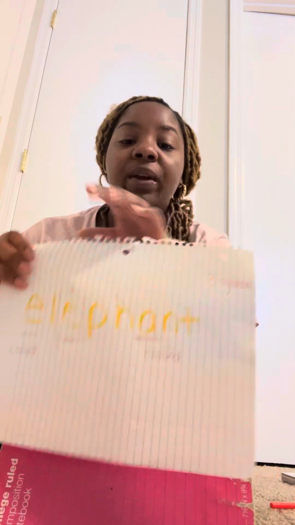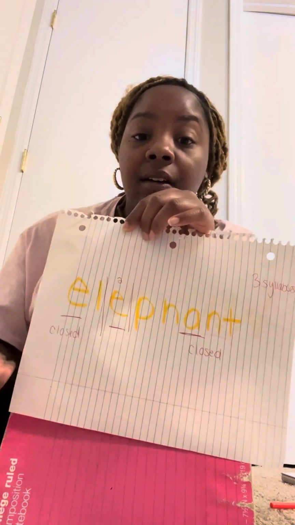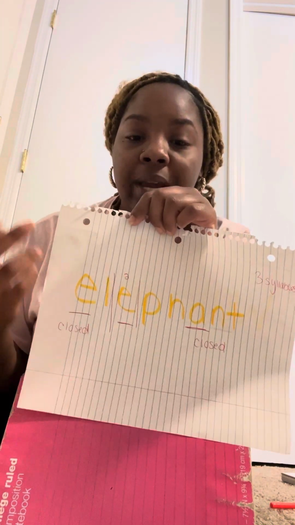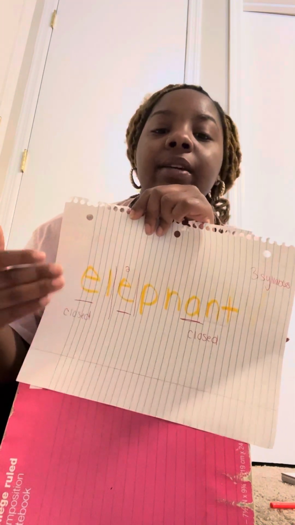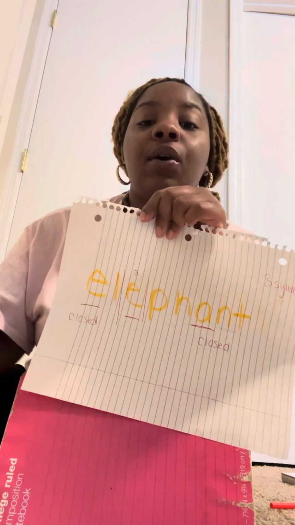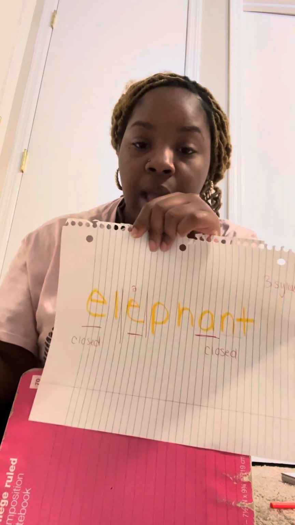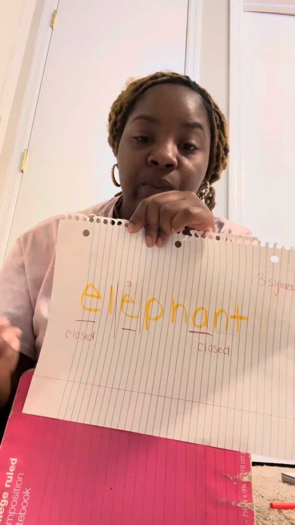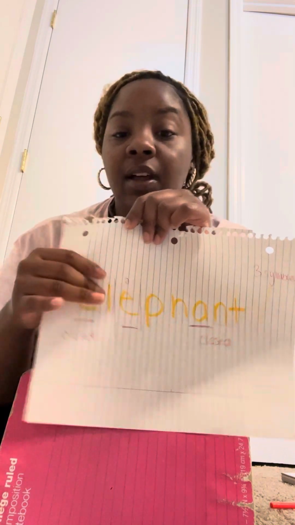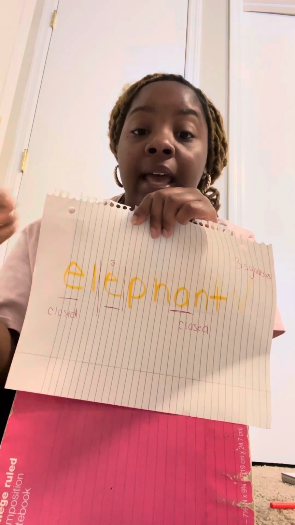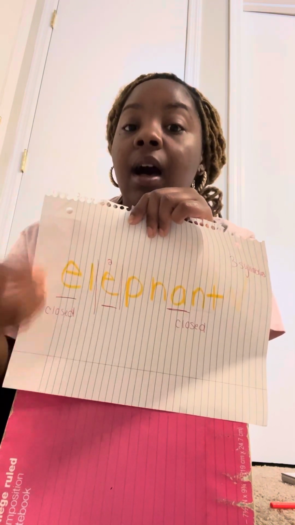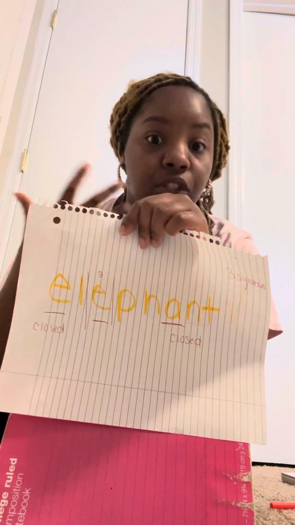So in the first one we have L. We hear this L sound, but we also hear this L sound floating to the next syllable. But because this E is surrounded by consonants, we know that's closed. And we hear L, but it sounds like an unstressed vowel.